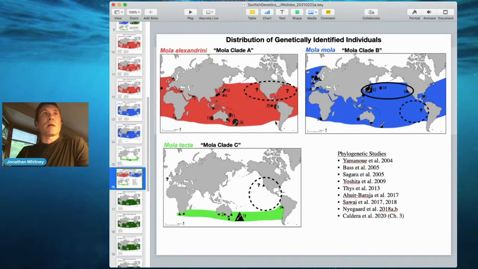And then vice versa with alexandrini. We only have records of South America and none in North America or Western Atlantic. So they seem globally distributed, but based on what we're seeing so far, have not been confirmed in these large swaths of the Pacific. But this could be data limited because we just have so few samples. So we really need more samples and further genetic studies to really resolve what's going on with their geographic distributions.